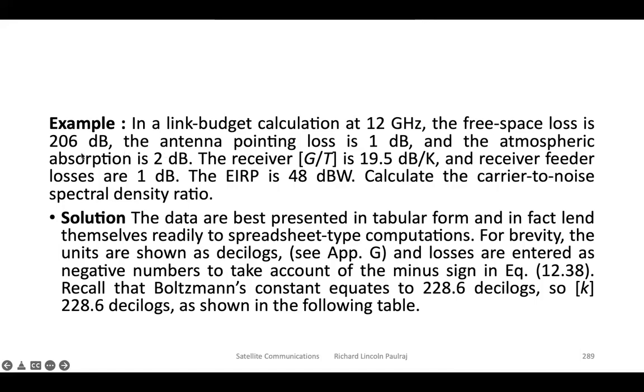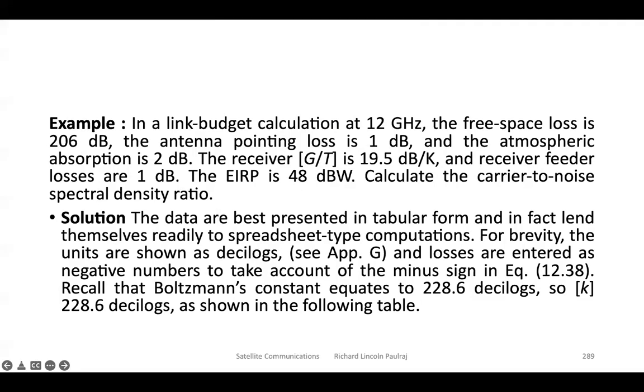FSL is 206, and the antenna pointing loss is going to be 1 dB. Then atmospheric absorption, AA, which I just showed you, is going to be 2 dB. Then the receiver G by T is 19.5 dB per Kelvin. Then RFL, receiver feeder loss, is also given here, which is 1 dB. Then EIRP is also given directly, which is 48. Calculate CNR.